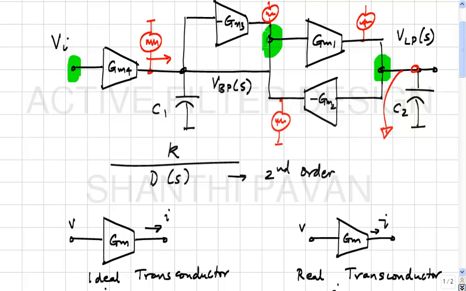Now, if the input signal is very, very small, what do you think the output signal here will consist of? Without getting into the details of how that noise might look, given that there are so many noise sources in the network, the output voltage will consist of the input component plus some noise component.